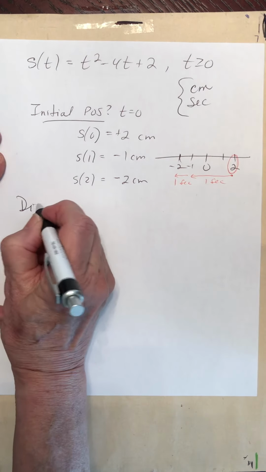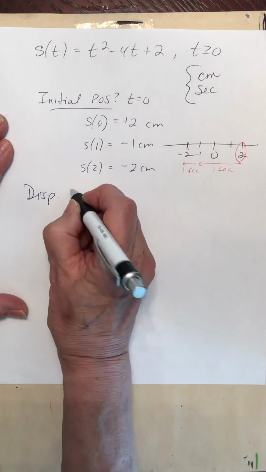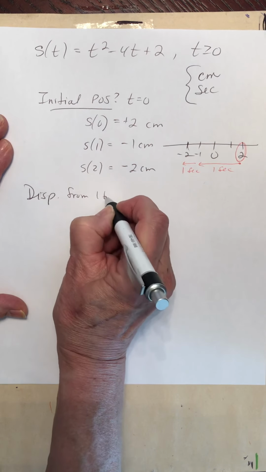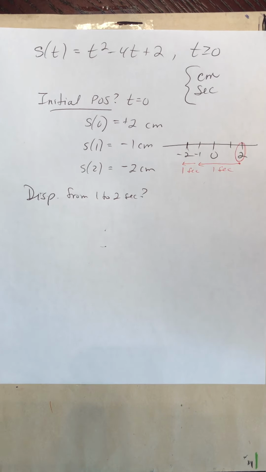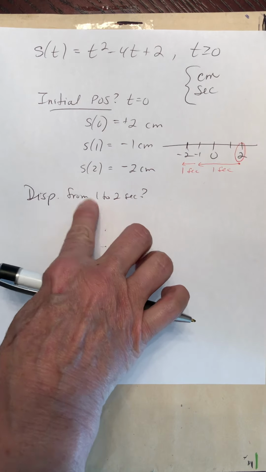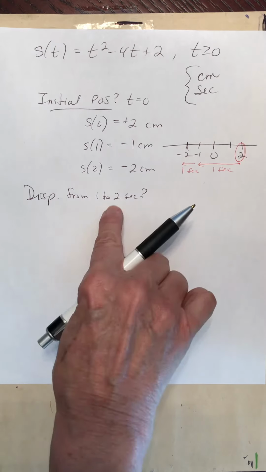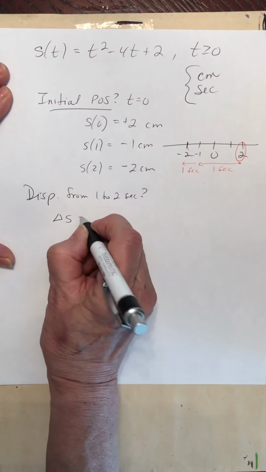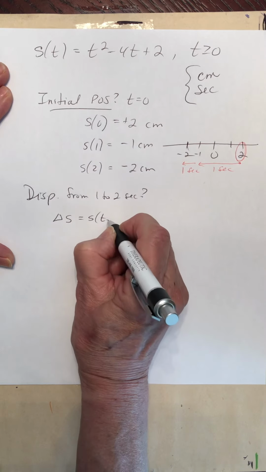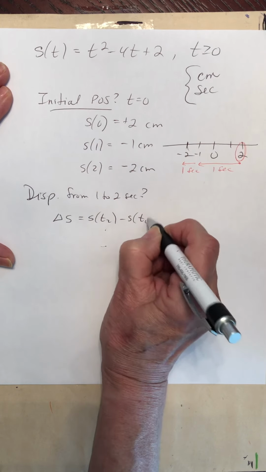If somebody asked me, though, what's the displacement from 1 to 2 seconds? That's asking me, versus where I was at 1 second, where am I now after 1 more second? In other words, where am I at 2 seconds? So displacement is my position at 2 minus my position at 1.